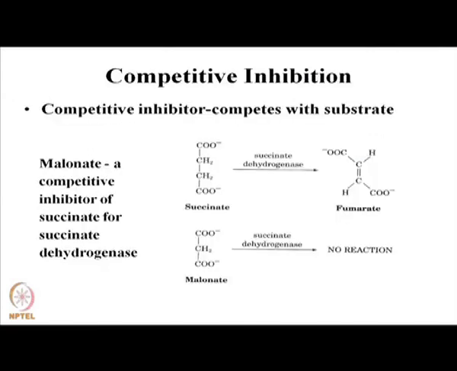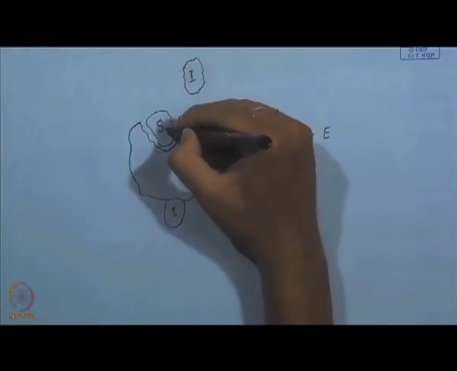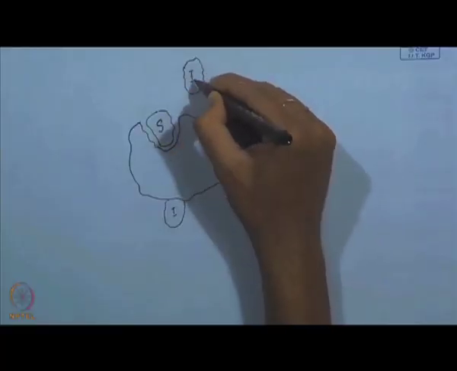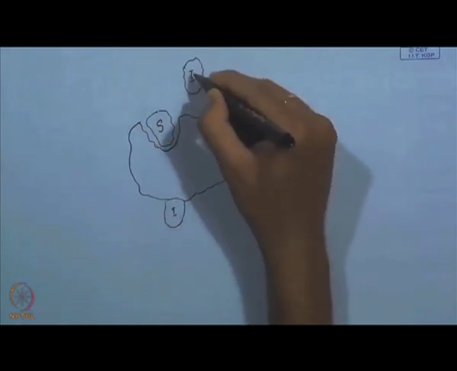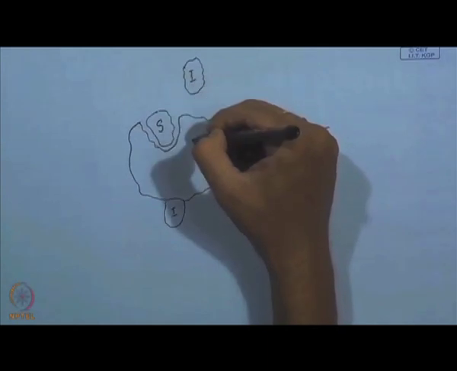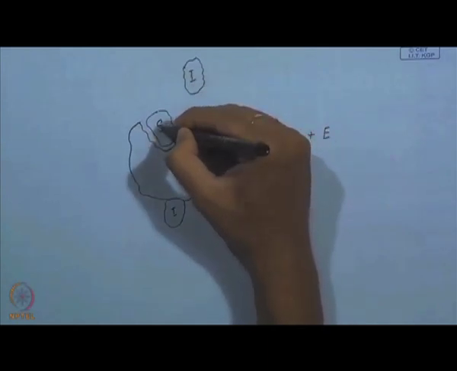So, a competitive inhibitor competes with the substrate. Suppose you have a similar kind of substrate and inhibitor. The enzyme does not know whether this one is its right substrate or this one, but to us this S is our right substrate.